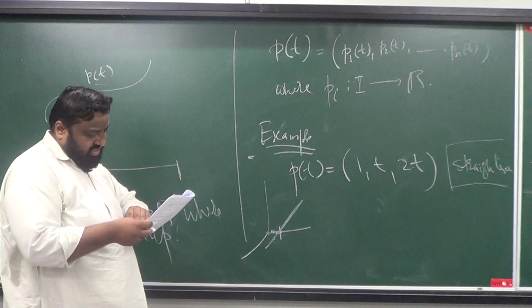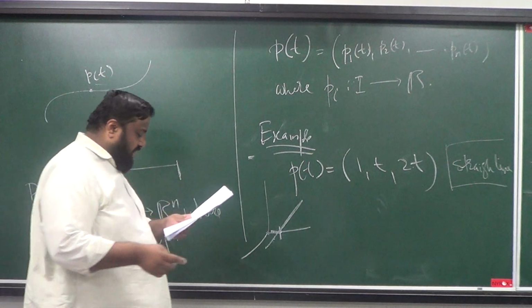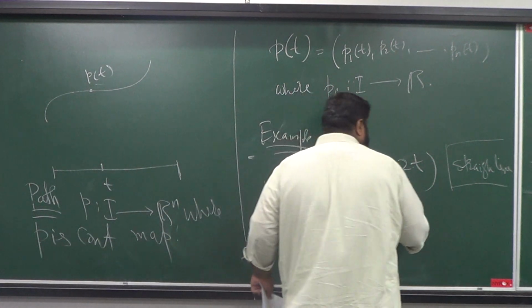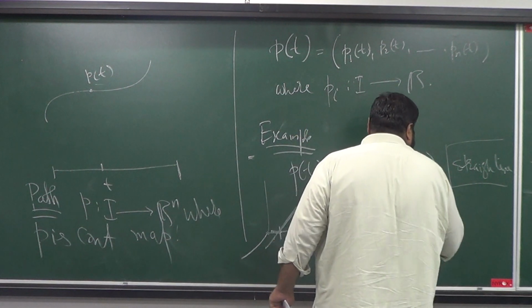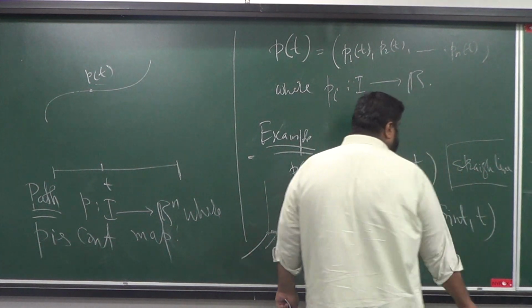So I would like to talk a little bit about properties of it. Say for example, if you take P of t to be cos t, sin t, and t.